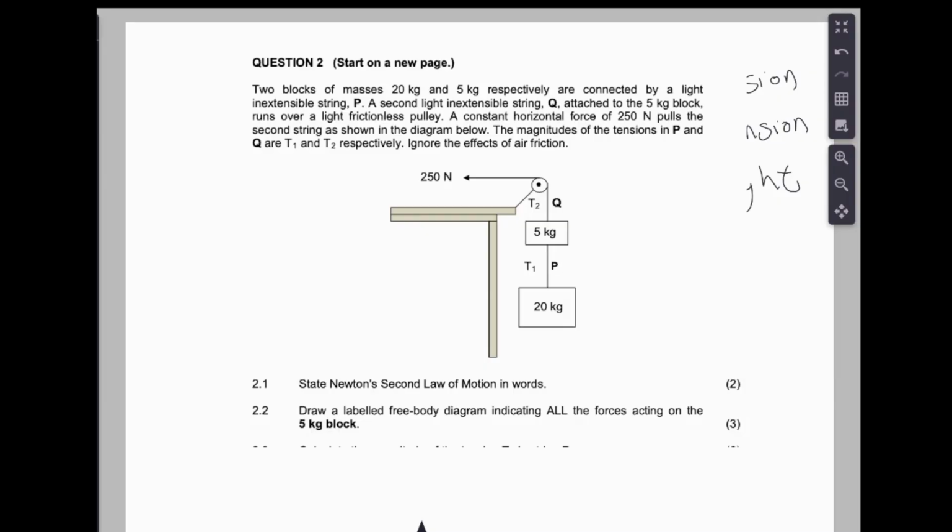The magnitudes of the tension in P and Q are T1 and T2 respectively. At this present moment, because we are not told what happens, we assume that all the forces acting are frictionless, and they are stationary.